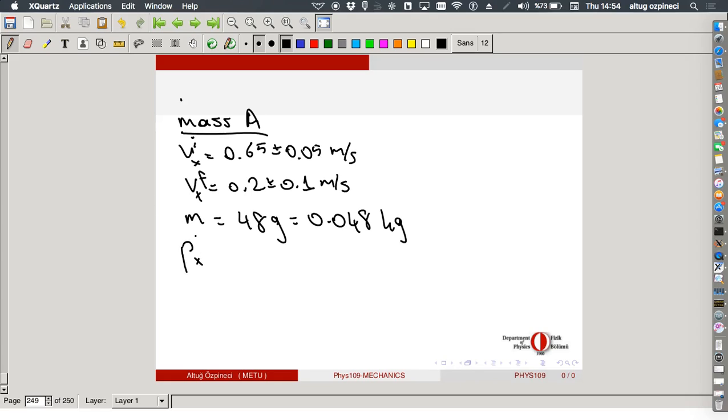So what is the initial momentum? The x component of the initial momentum. Somebody who has a calculator? Nobody has a calculator?